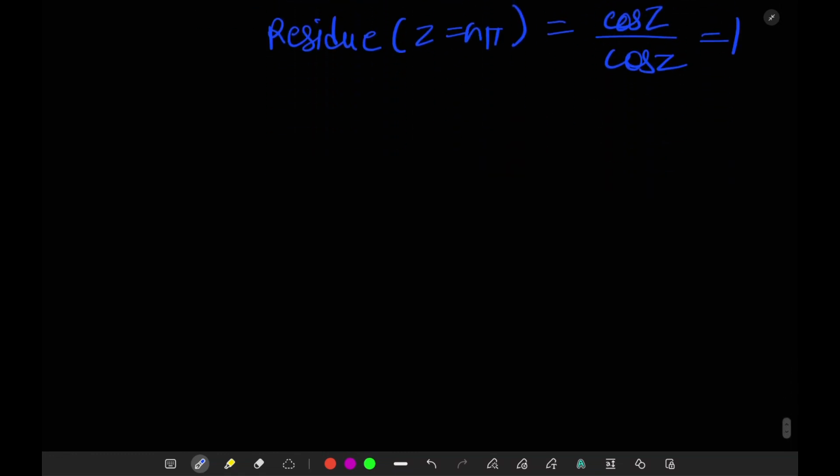Now for solving contour integrals, we have two theorems.